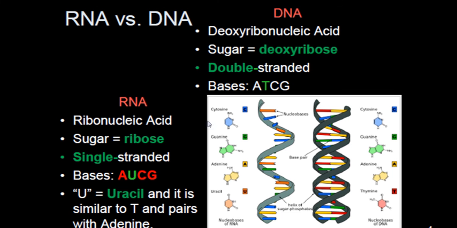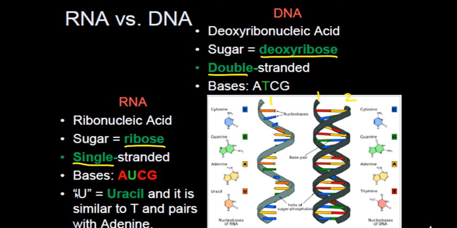So a little review, RNA versus DNA. First off, they have two different types of sugars, ribose versus deoxyribose. One is single-stranded versus one is double-stranded. RNA is single-stranded.